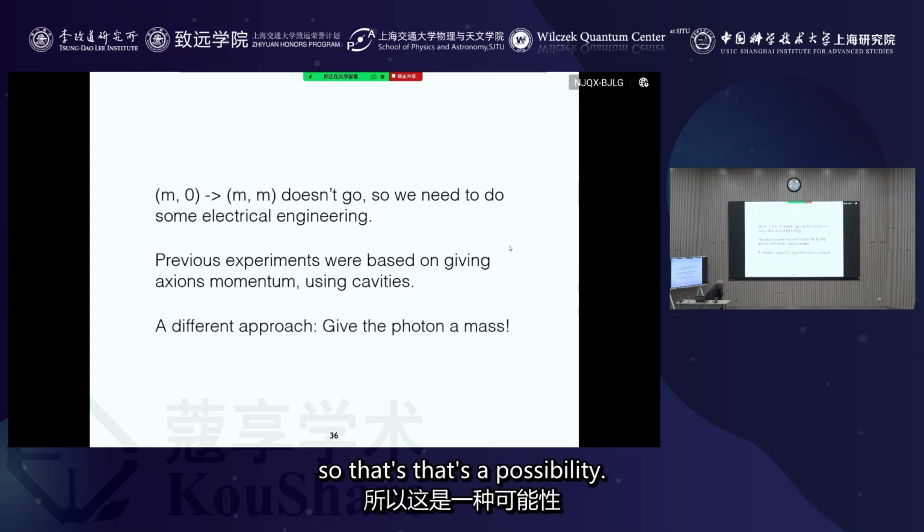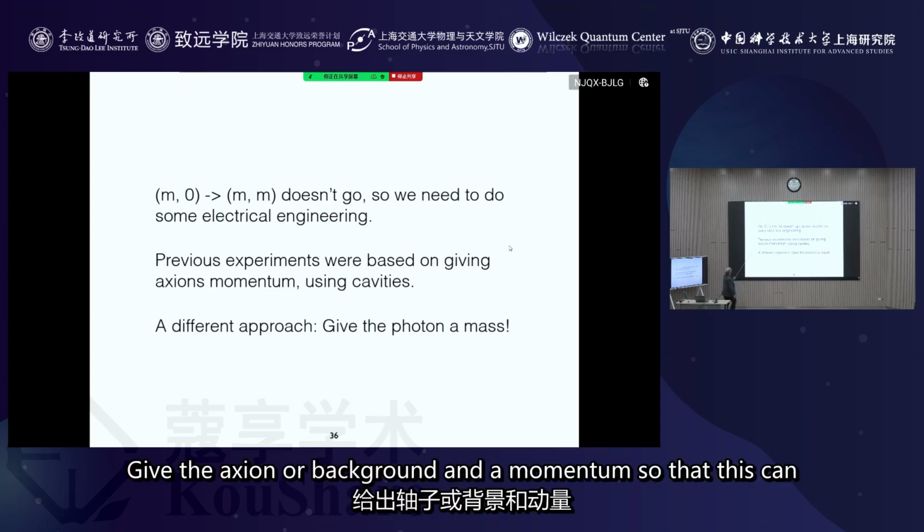So that's a possibility. Give the axion or the background a momentum so that this can match.